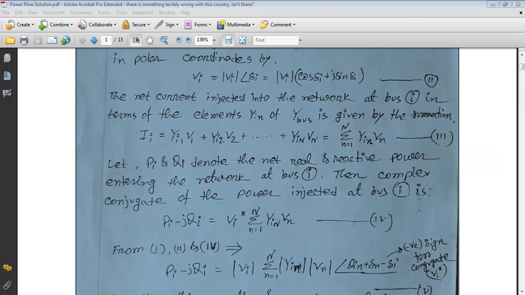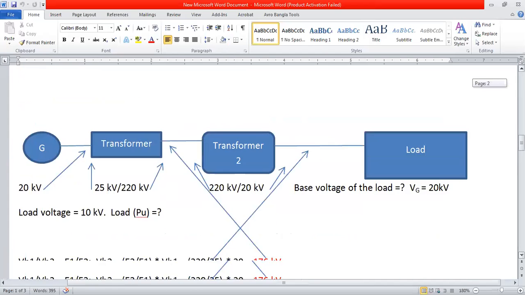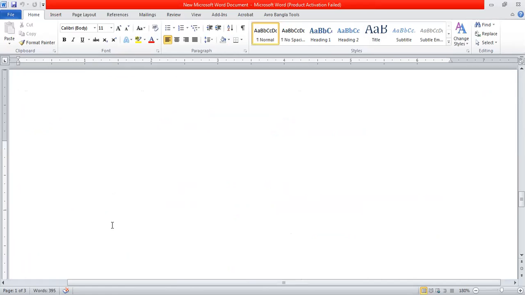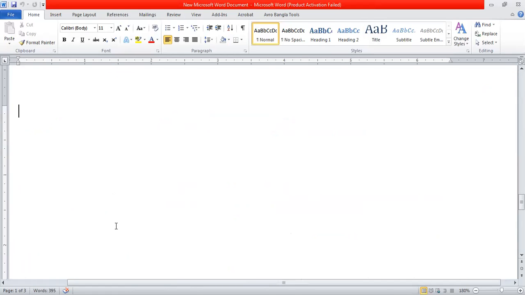So if I extend this current equation in a particular format, this is the notation actually.